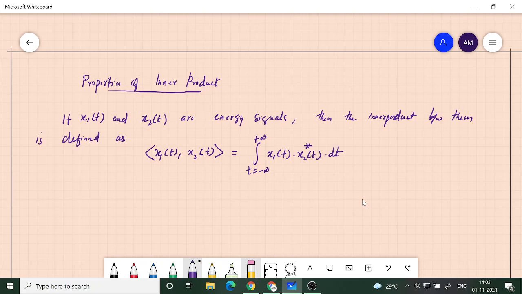So the first property is called the positive definite property. What is the positive definite property?